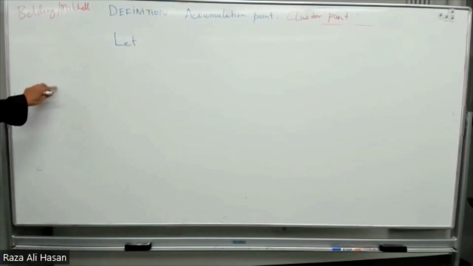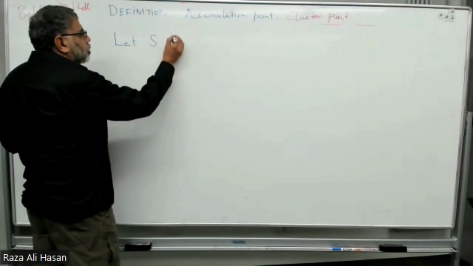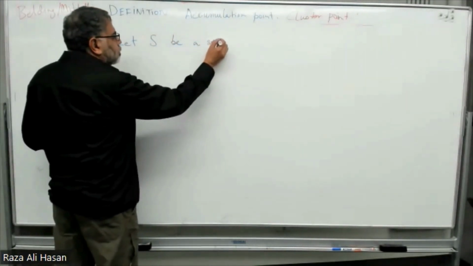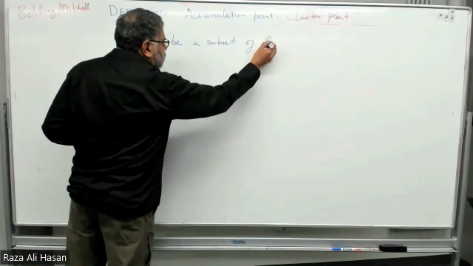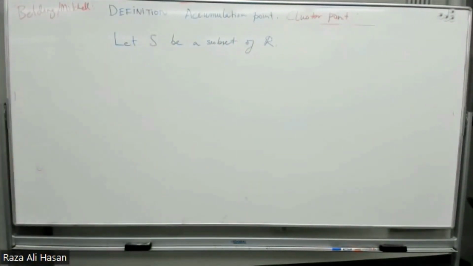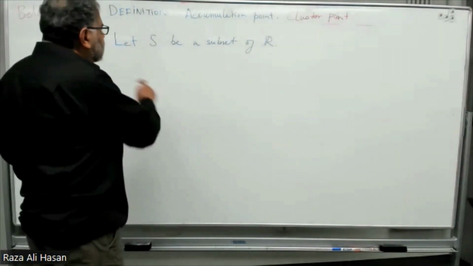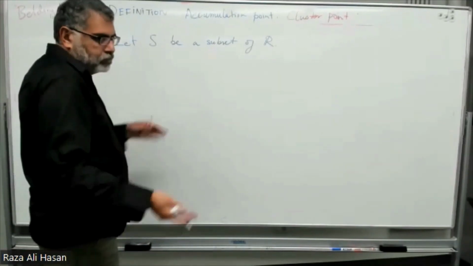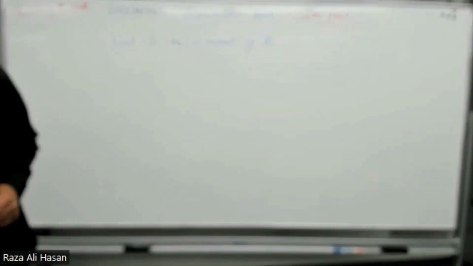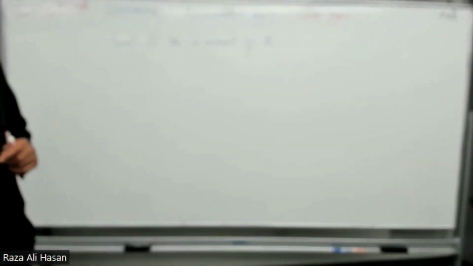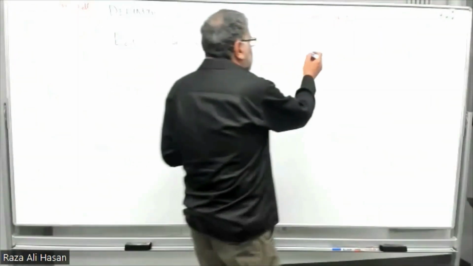And let S be a subset of R, real numbers. Okay, so cluster point, this is S is a subset of R. As soon as you say that, it's obvious. I'll draw one picture here and then you'll modify it.